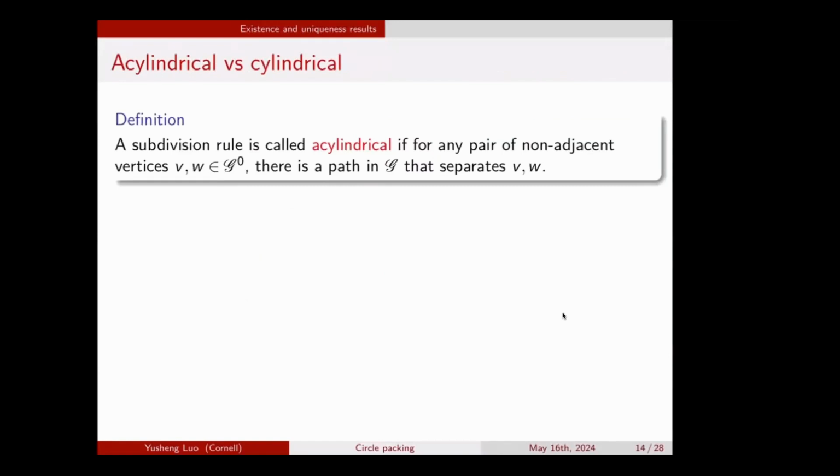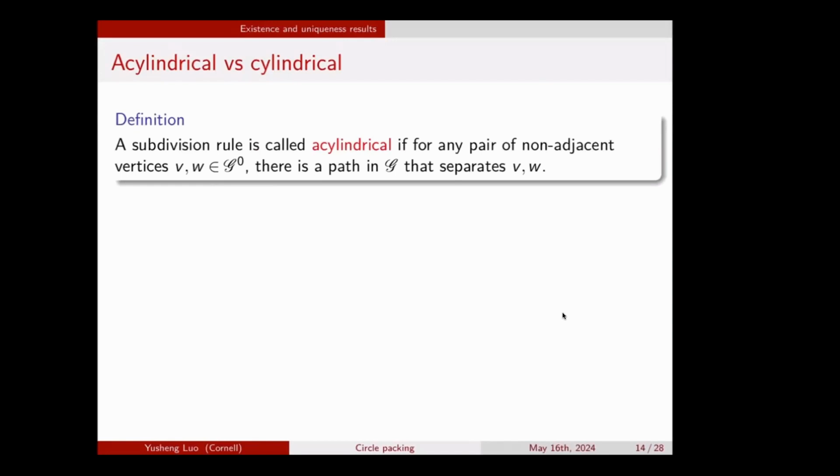Okay, so let me tell you the definition of asymmetricity, and this is motivated by this. If we consider the group generated by reflections and then the quotient 3-manifold, this 3-manifold is being asymmetrical or not.